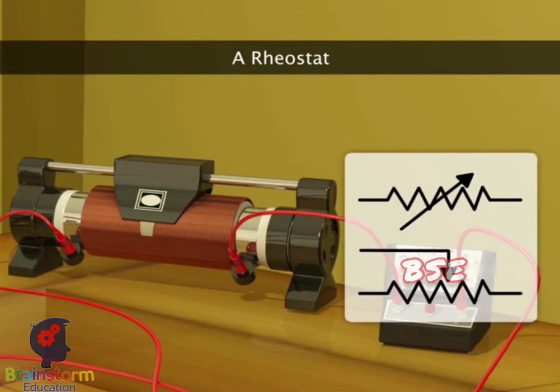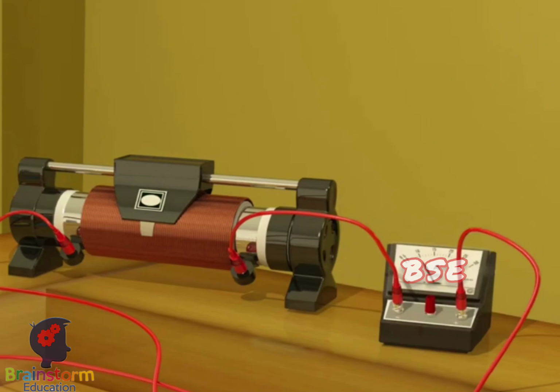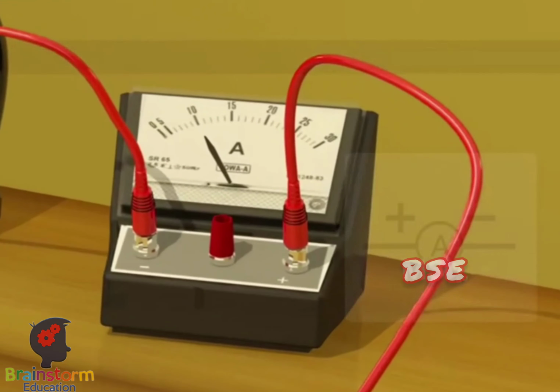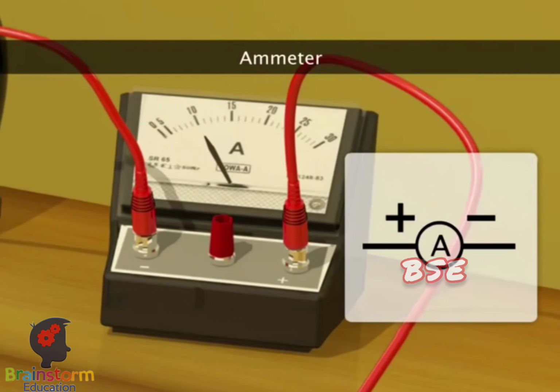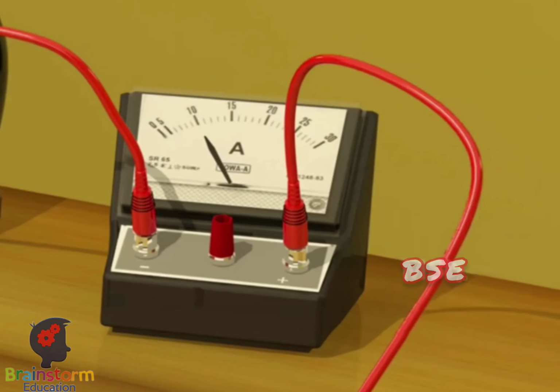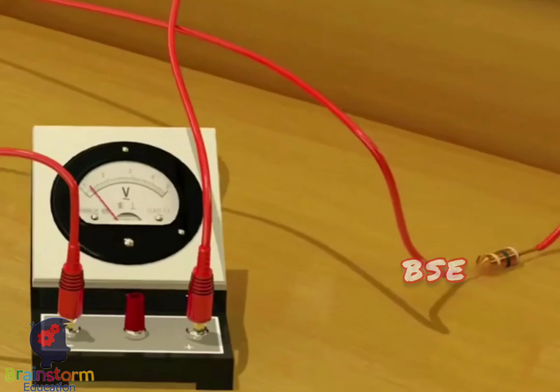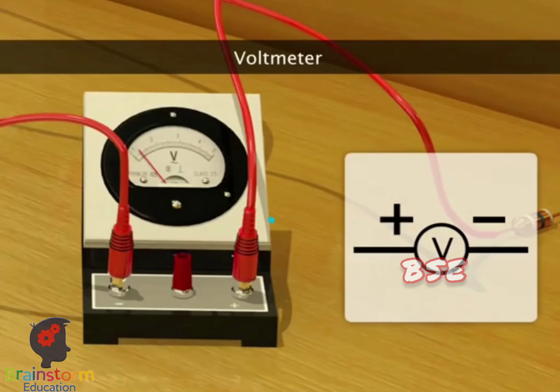It is a variable resistor and is indicated by an arrow crossing the resistor symbol. An ammeter is used to measure current in amperes. The pointer moves when the current flows through it. A voltmeter is a device for measuring potential difference in volts.